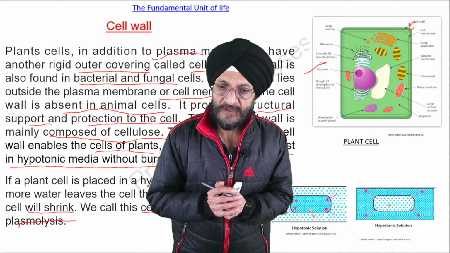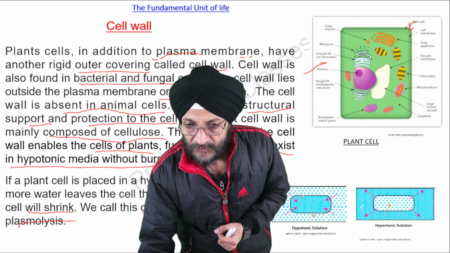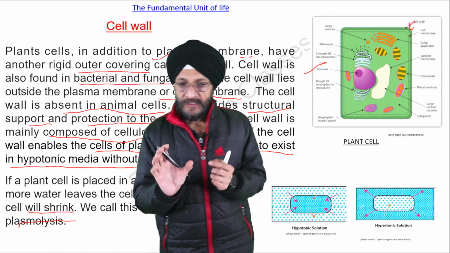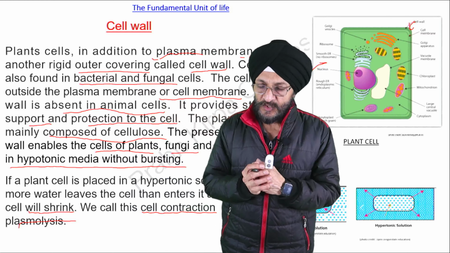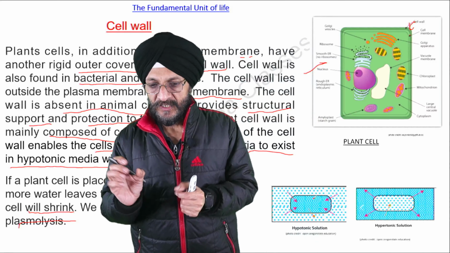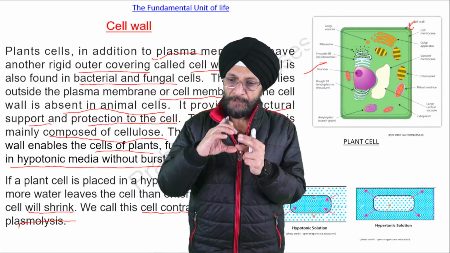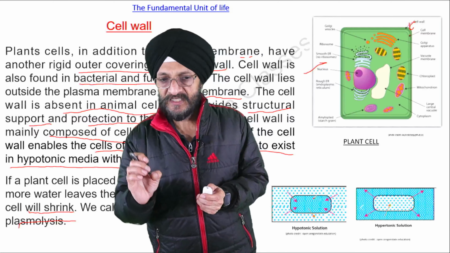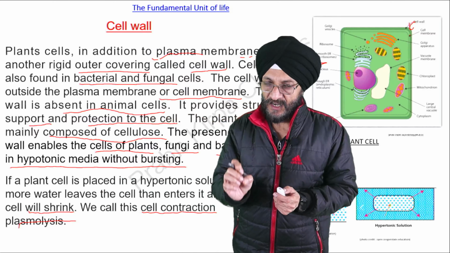So the net result will be that the plant cell will swell, but the cell wall does not allow the cell to burst. It is only the cell wall which prevents the cell from bursting due to excessive water which has come inside the cell.